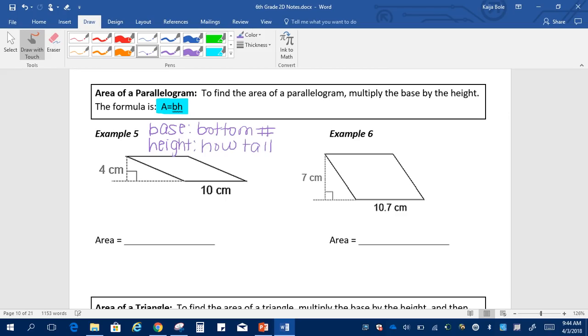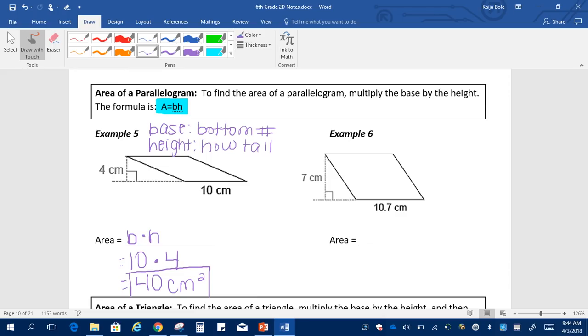Alright, so if you look at example 5 here, again, write out your formula. It's base times height. So our base here is labeled as 10, times our height, which for a parallelogram, they drop in for you, is 4. So then you'd get 40 centimeters squared.